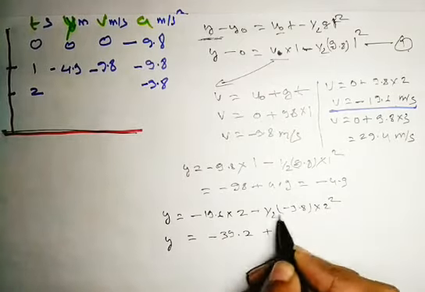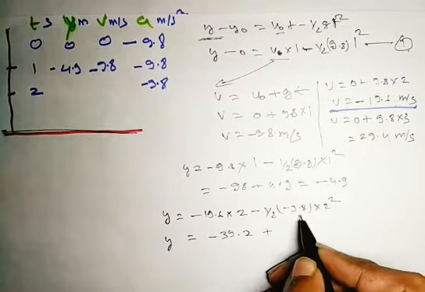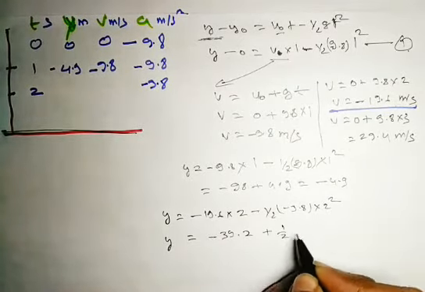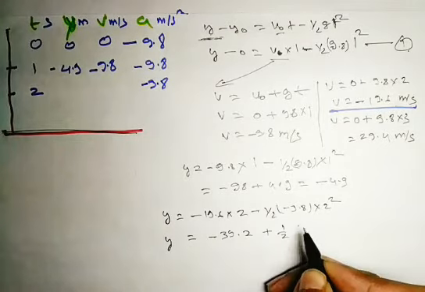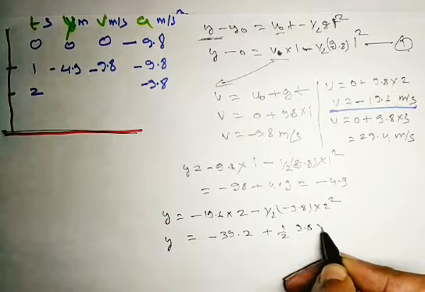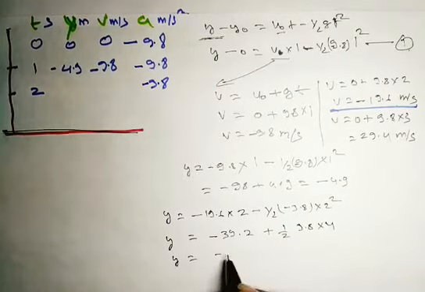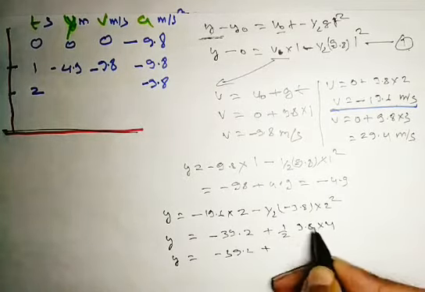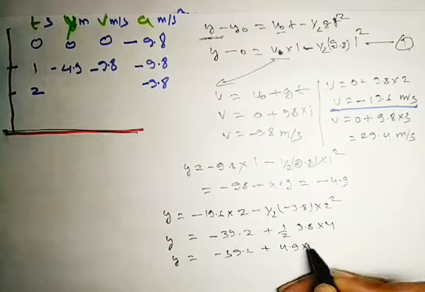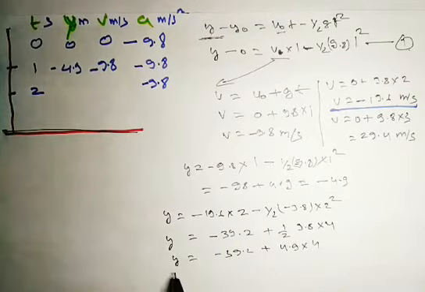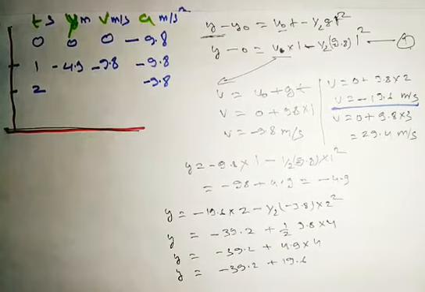Minus minus becomes plus, so this becomes half into 9.8 into 4, which is 4.9 into 4, and it will become minus 39.2 plus 19.6.